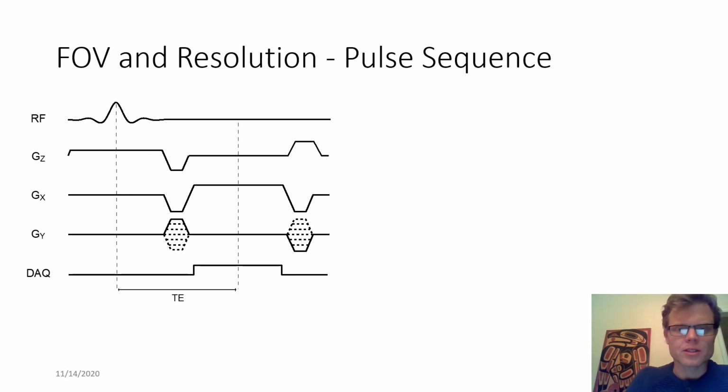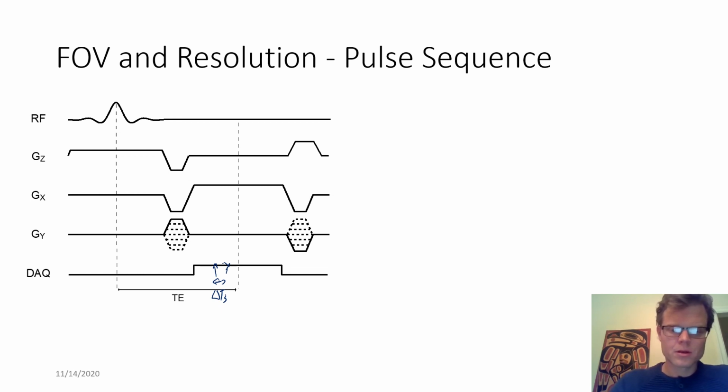Okay, so I'd just like to summarize and illustrate that here. And I'm going to annotate, and since we're looking at gradient areas, where we can find all of our key parameters here for the field of view and the resolution.